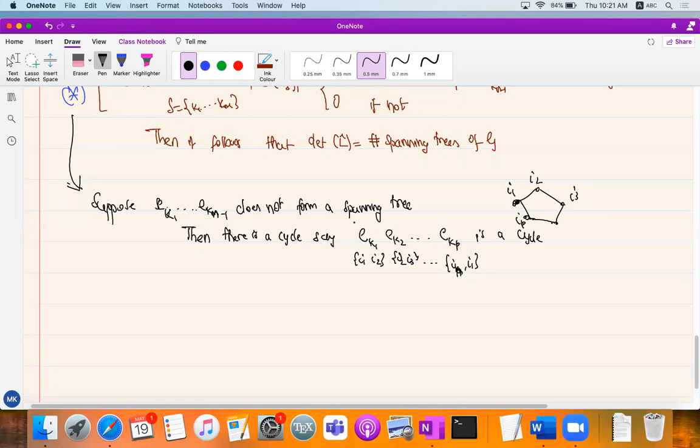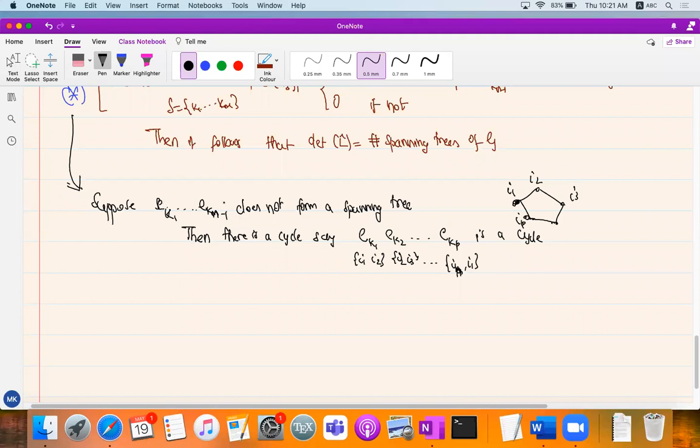Can you explain why this forms a cycle? If it is not a spanning tree, should it form a cycle? What does it mean to be not a spanning tree? You take a bunch of edges and suppose it's not a spanning tree. That can be violated in two ways: it could be disconnected, or it could be because it forms a cycle. But we have taken n minus 1 edges.